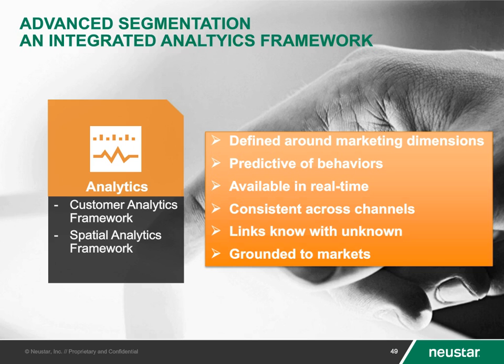It's understanding that there are two types of information and data out there. There's the marketing dimension, the things that make somebody who they are. And then there's the analytics and the behaviors that, as a marketer, you're trying to influence or understand so that you can influence those behaviors or better serve the customers. So it's bringing together those two dimensions.